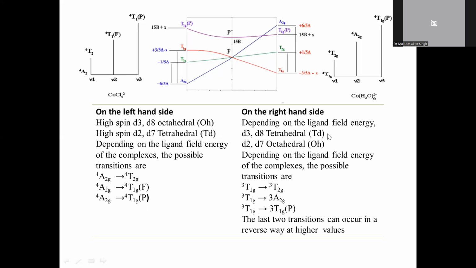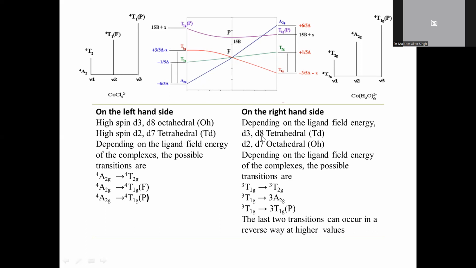On the right, D3, D8 tetrahedral, and D2, D7 octahedral. If the given complex is tetrahedral or octahedral, for that information, this part is very important. Don't get confused.